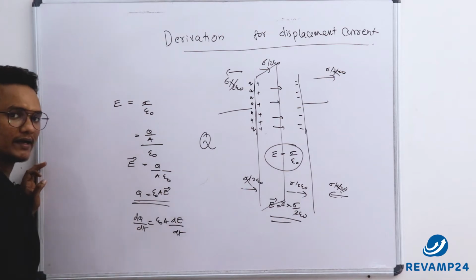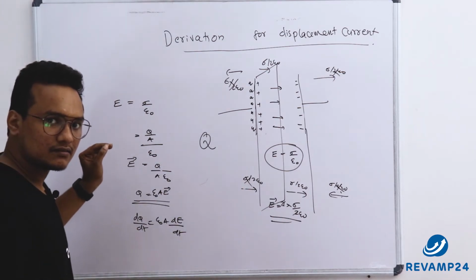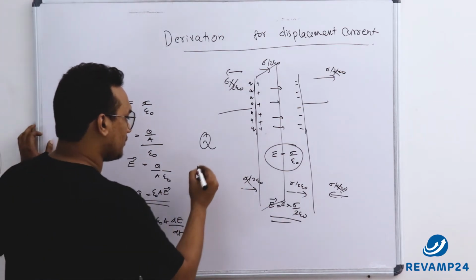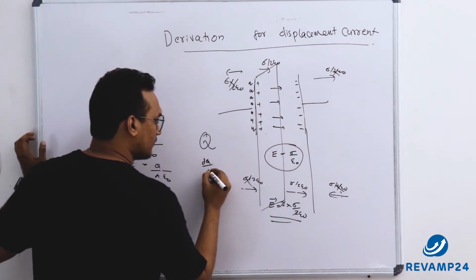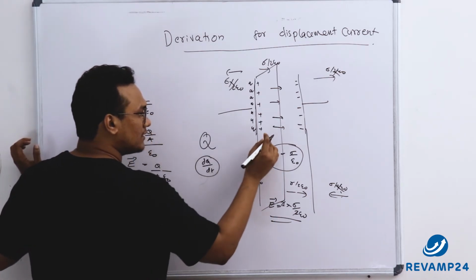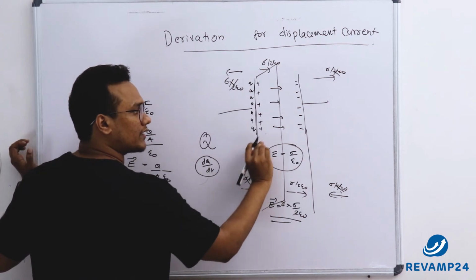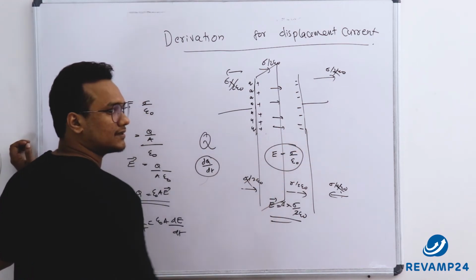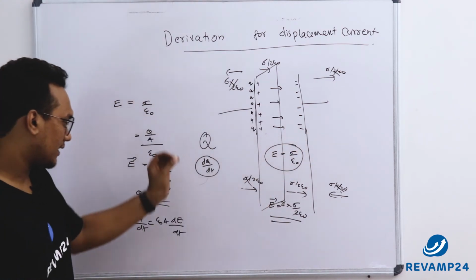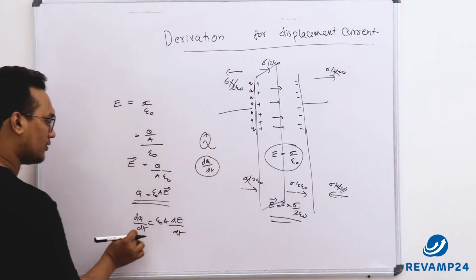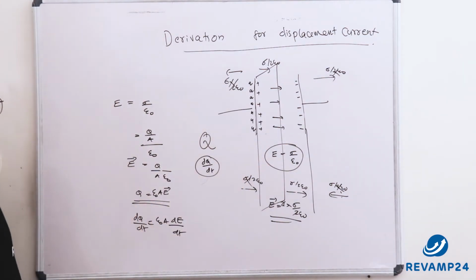Now, what is dq by dt? It means the time rate of change of charge, but actually there is no transfer of charges in between the two plates. However, there is a quantity similar to the time rate of change of charge.